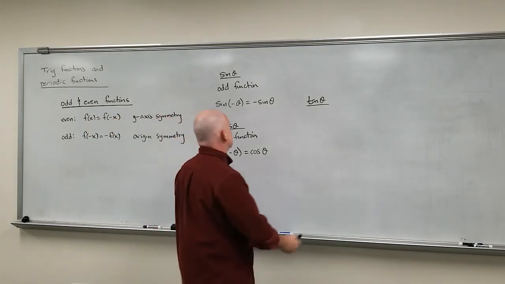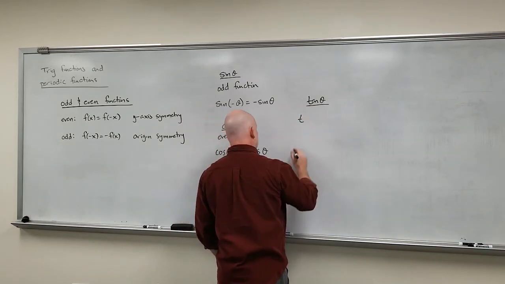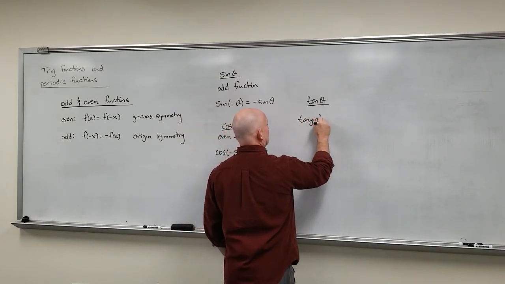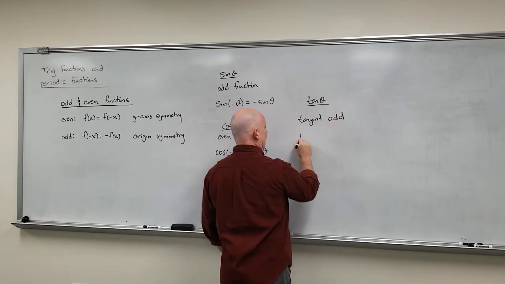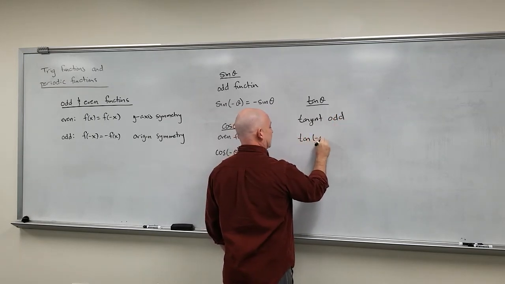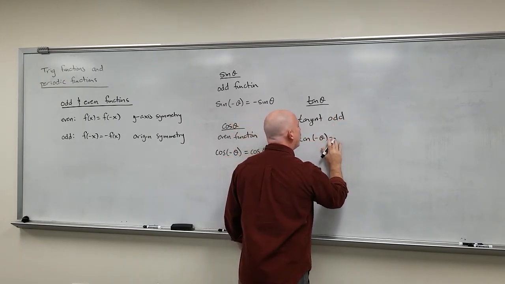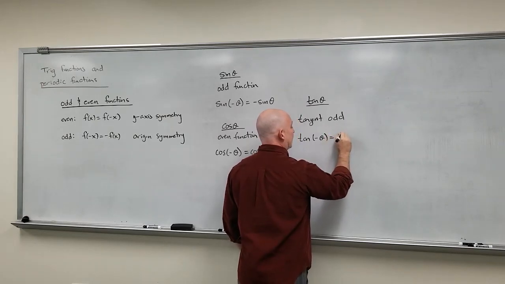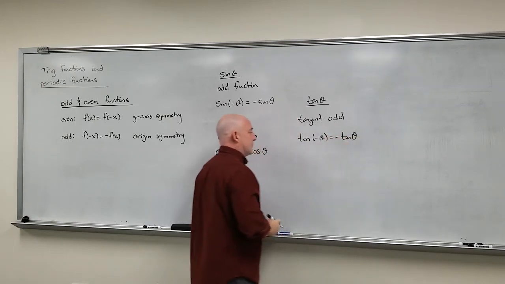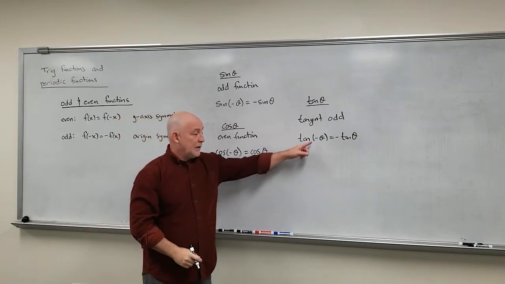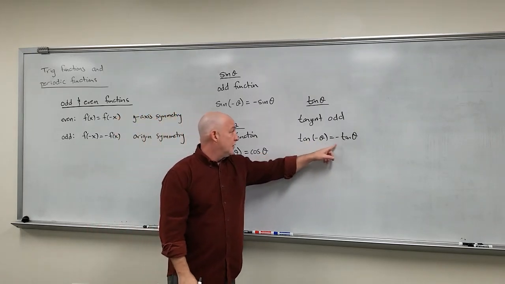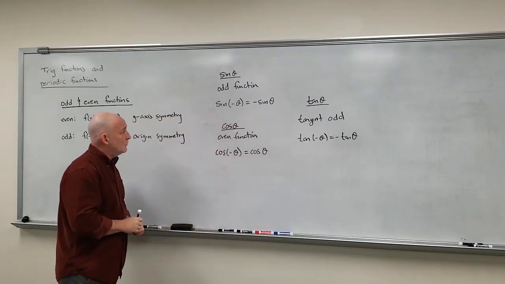So tangent is odd. So the tangent of negative theta is going to give you the opposite of the tangent of theta. Again, not pulling out the negative, I'm using the fact that I know that this is an odd function.